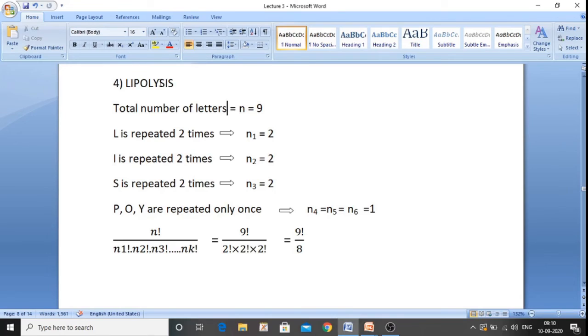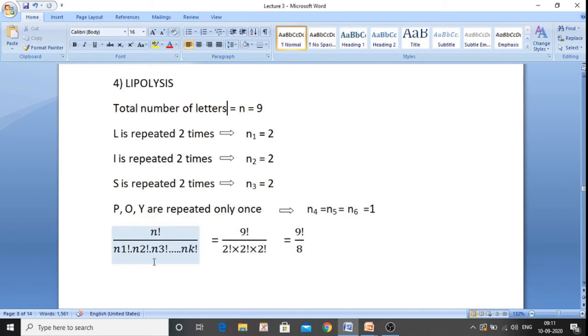Here S is also repeated. So S is repeated 2 times. Therefore n3 is equal to 2. So the remaining are P, O and Y. So P, O and Y are repeated only once. Therefore n4, n5 and n6 are all equal to 1.